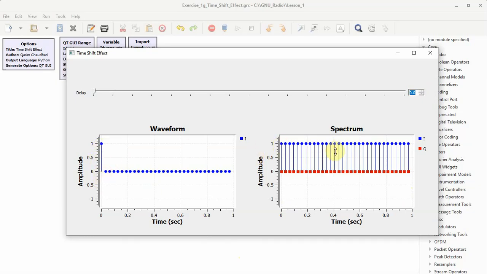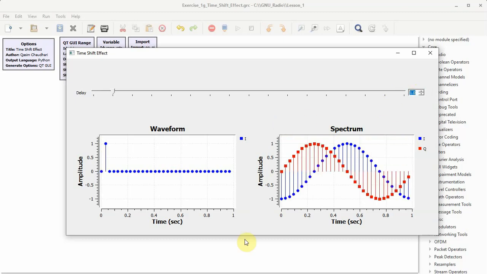Time is 0, so the frequency here is 0. A 0 frequency implies that the value is 1 for the in-phase part and 0 for the quadrature part. Now, a delay of 1 implies that the complex sinusoid in frequency domain has an inverse period of 1.